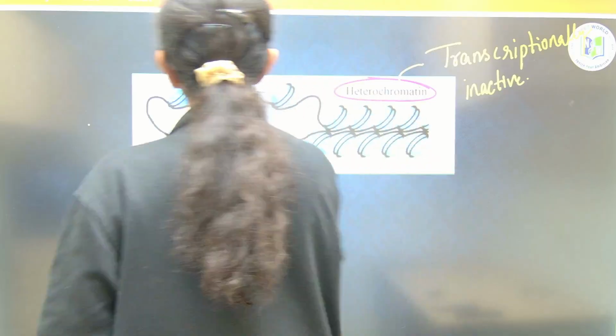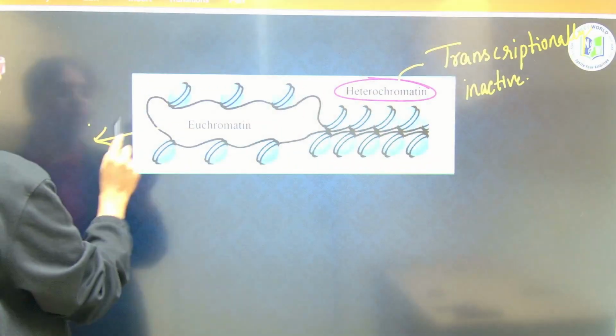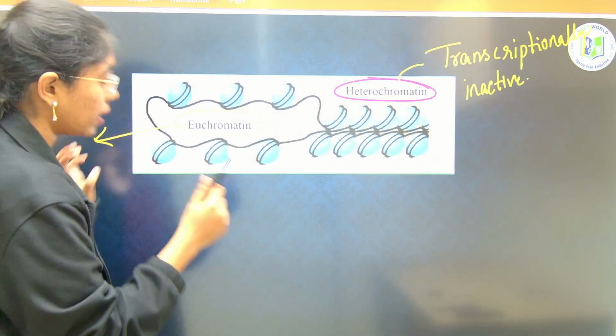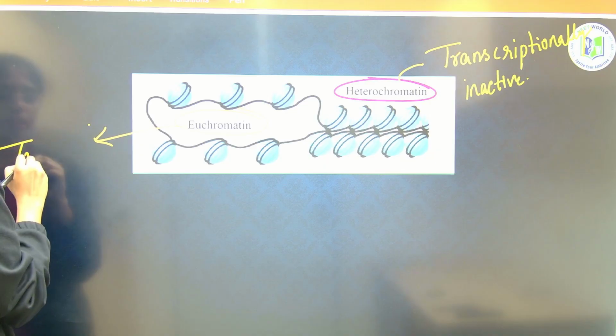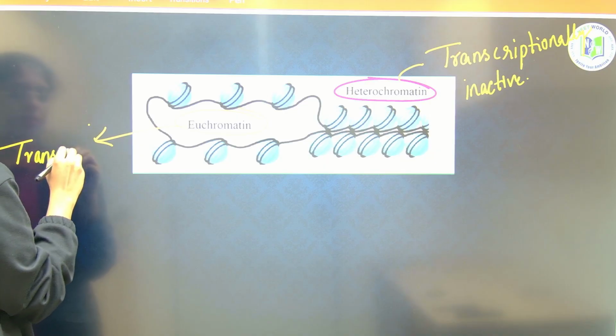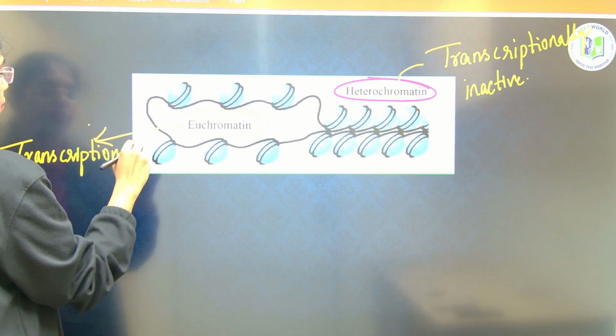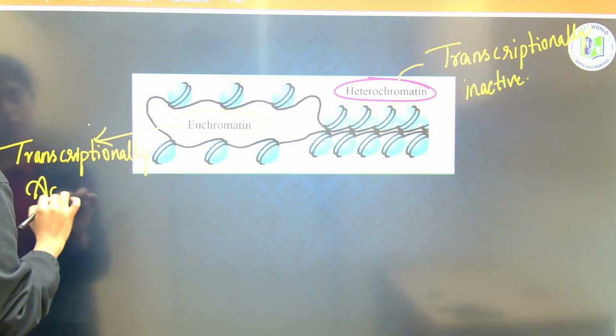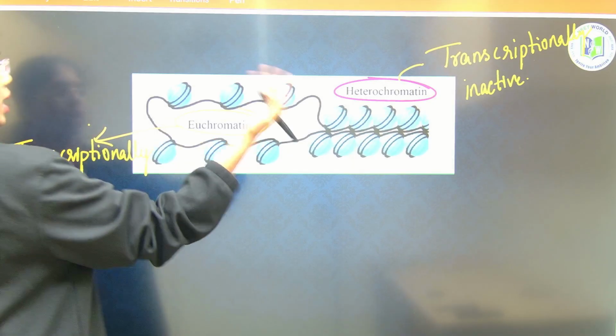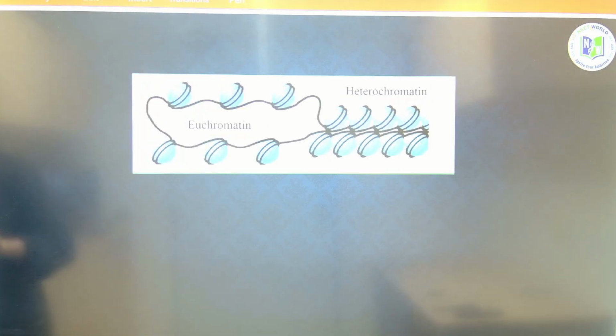And euchromatin, these regions which are loosely packed, they are transcriptionally active, and these are inactive. Clear, right?